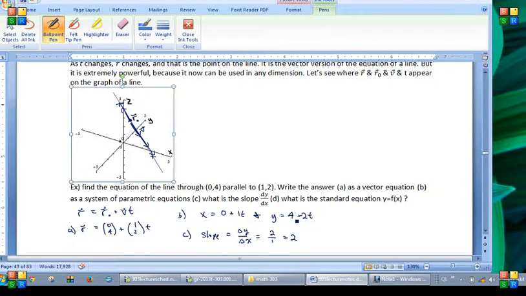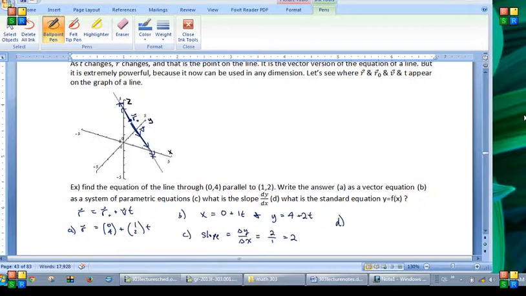Now don't be distracted by the fact that I wrote dy/dx. Even though it looks like calculus, because this is a straight line, we know that slopes are constant, and you can just say change in y over change in x. So finally, what's the standard equation, y equals f of x?